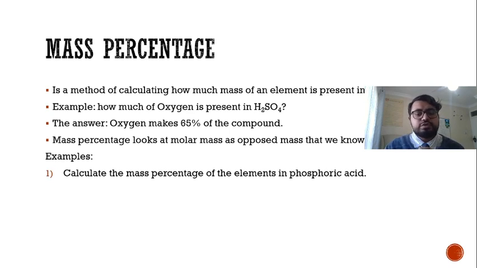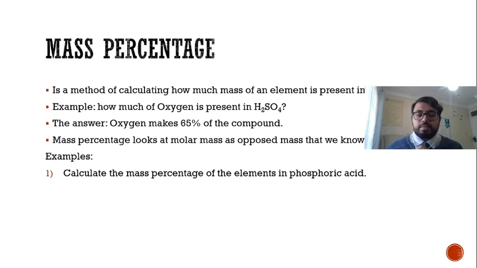We'll do two examples, and the first example is calculate the mass percentage of the elements in phosphoric acid. So the first thing that we need to know is the chemical formula for phosphoric acid. We know that it is made up of hydrogens, it'll have a phosphorus, and it has oxygen.